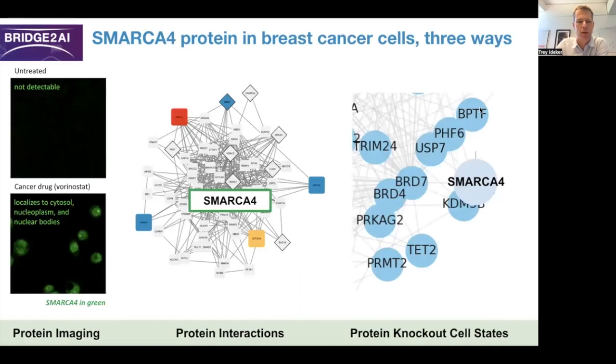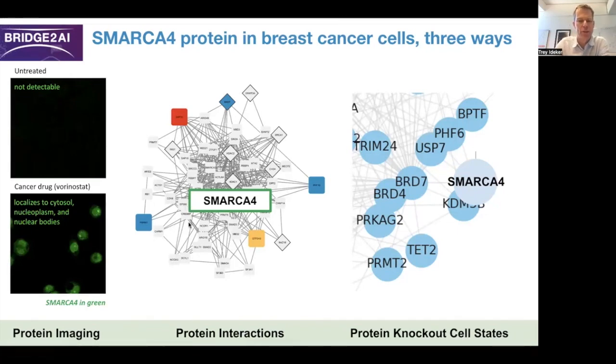Here's an example of those 3 data streams for one protein in particular, the protein known as SMARCA4. SMARCA4 is an important factor in the control of transcription. It's a transcriptional regulatory factor. Over at the left, you can see its localization in human cells. These are the breast cancer cell population I mentioned.